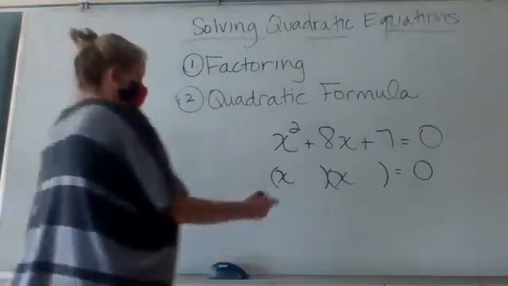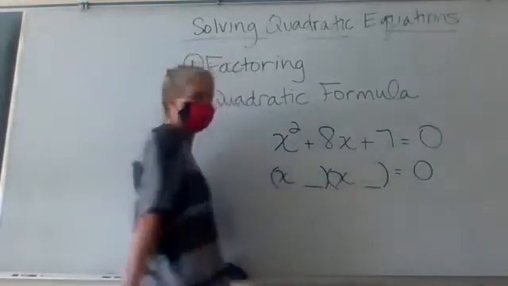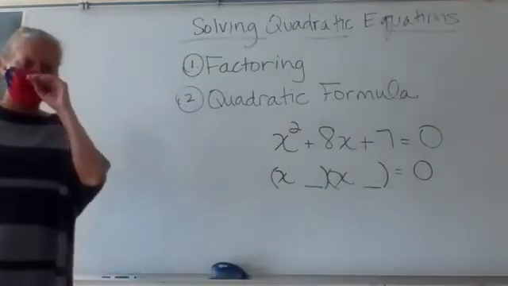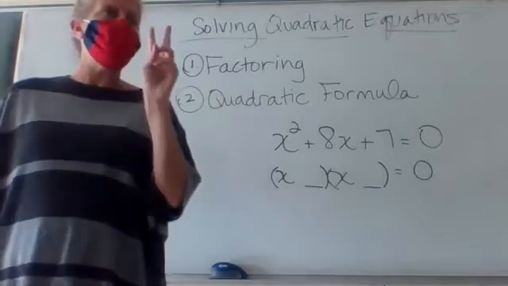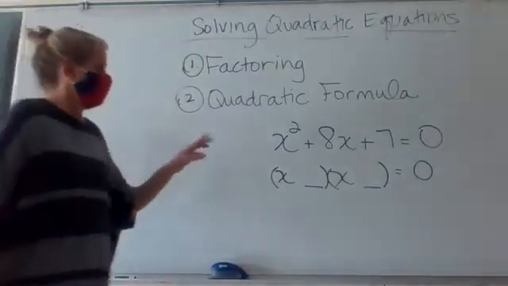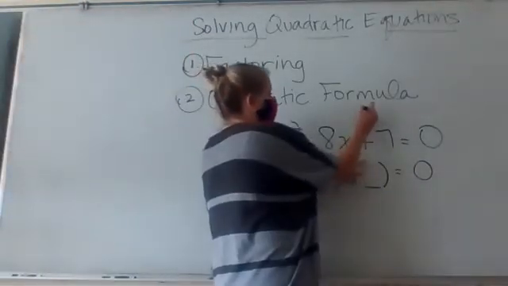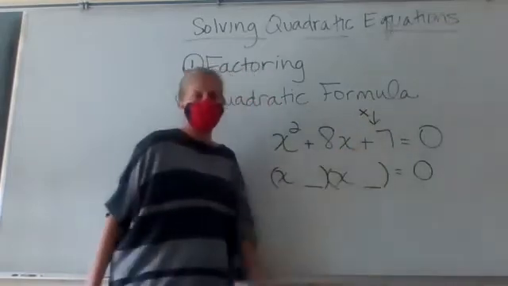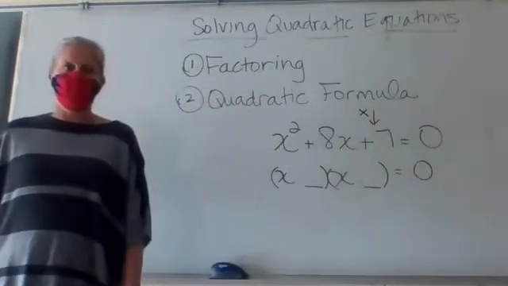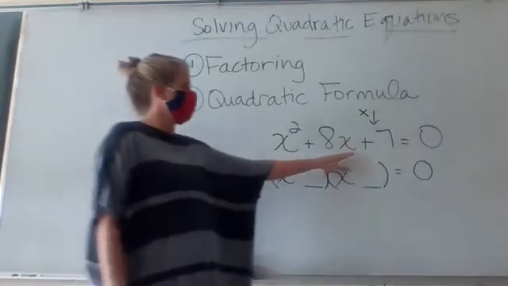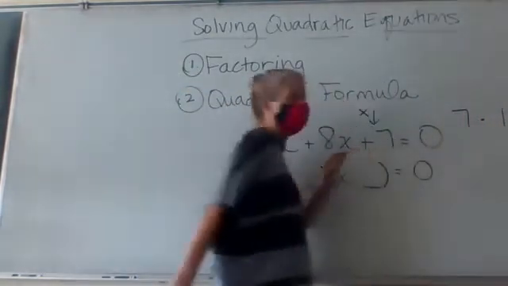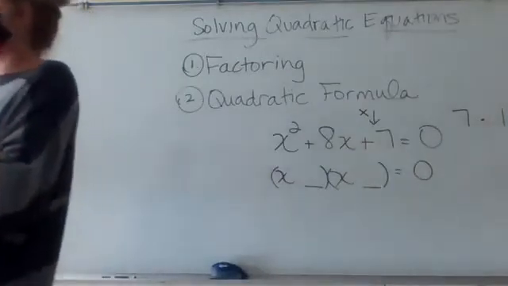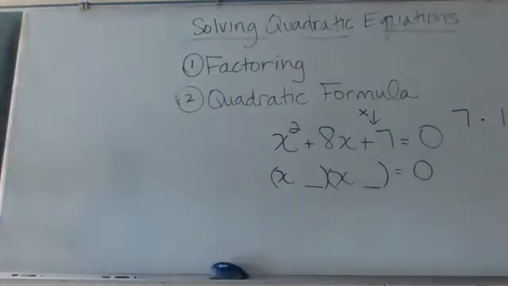Then you need to find out what's going to go at the end of each of those factors. The numbers that go at the end of each of those factors have to meet two requirements. First of all, they have to multiply to equal 7, whatever that last term is. So how do you multiply to equal 7? 7 times 1. There's only one way to do it, which is good news.